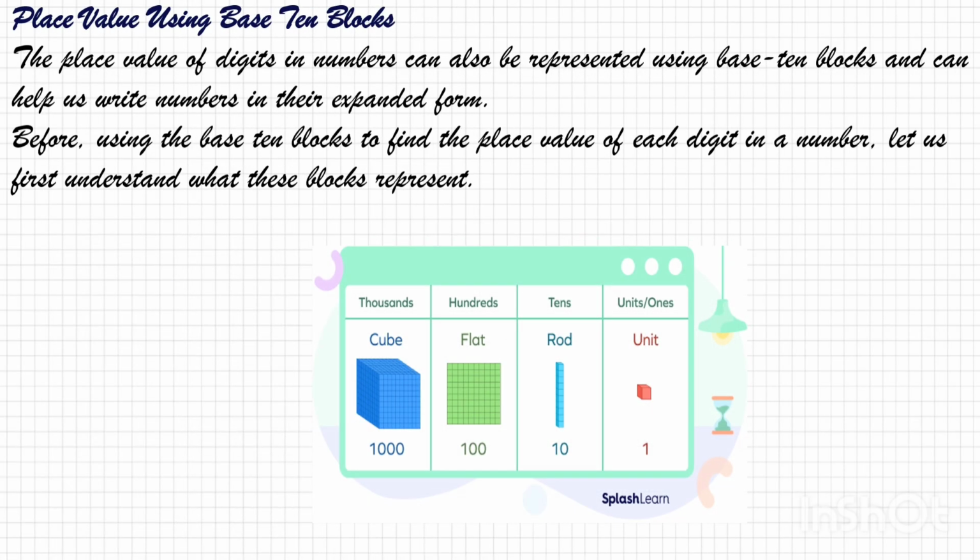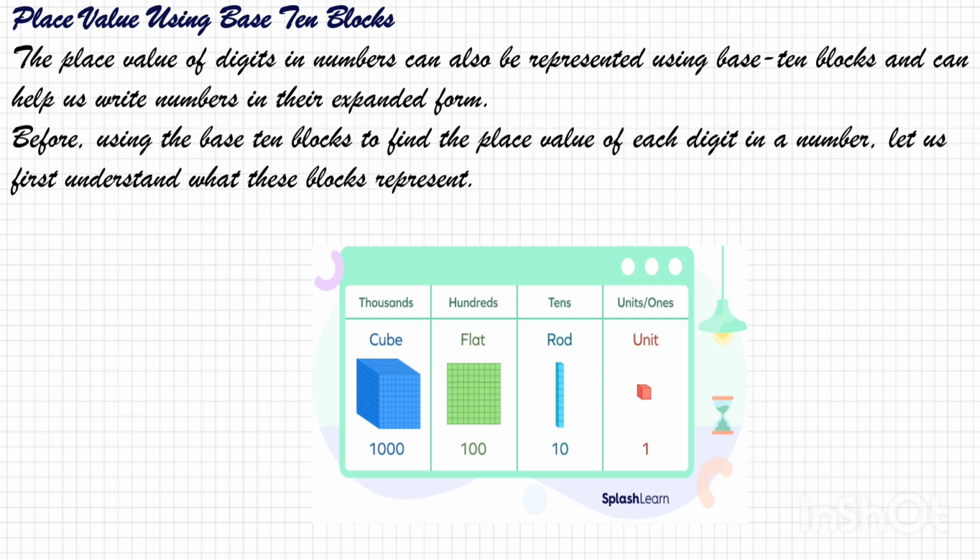Place value using base 10 blocks. The place value of digits in numbers can also be represented using base 10 blocks and can help us write numbers in their expanded form. Before using the base 10 blocks to find the place value of each digit in a number, let us first understand what these blocks represent.